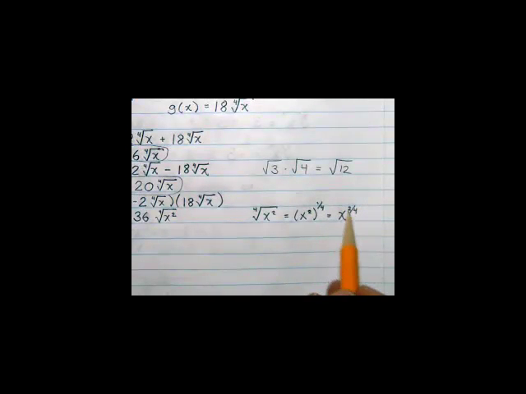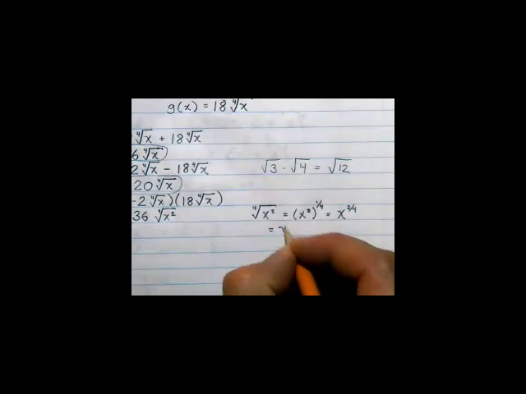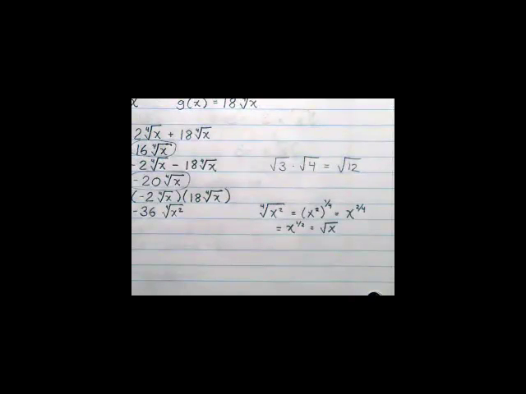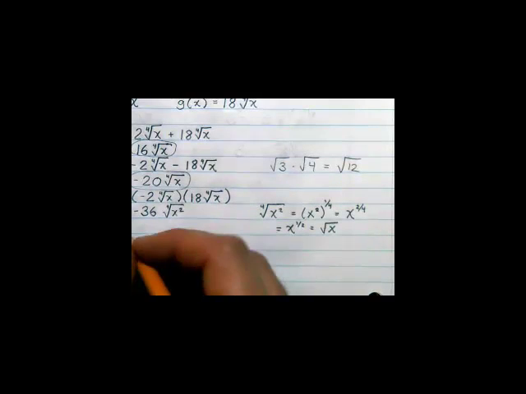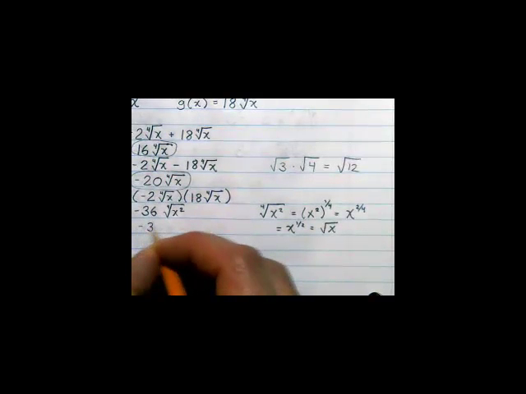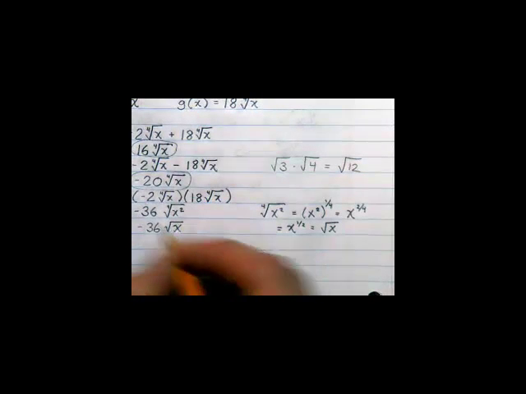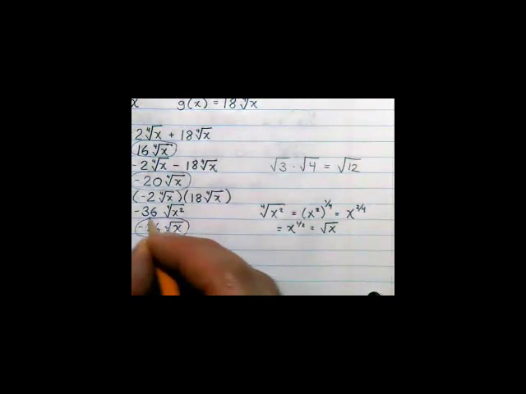Okay, and 2/4 again is 1/2. And a 1/2 power is a square root. So this is negative 36 square root of x, technically. So that would be the multiplication of the two of them.